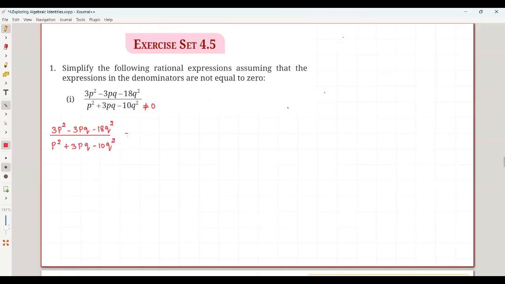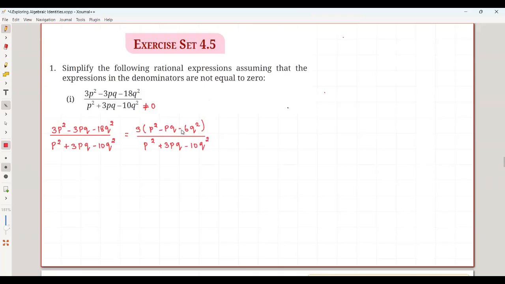For the numerator, 3 is common, so I'm taking 3 outside. It will become p square minus pq minus 6q square, since 3 times 6 is 18. The denominator we can write as it is: p square plus 3pq minus 10q square.